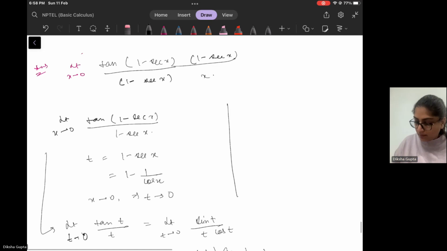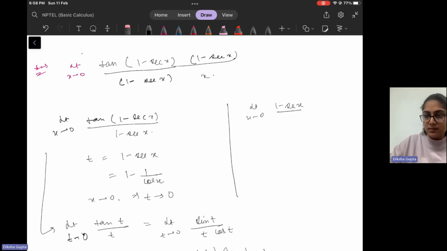Now limit x tending to 0, 1 minus secant x, just give me a minute, I'm sorry.